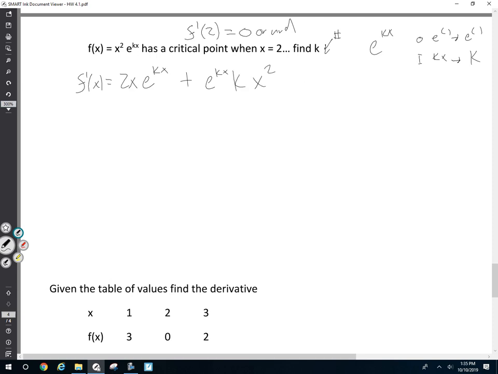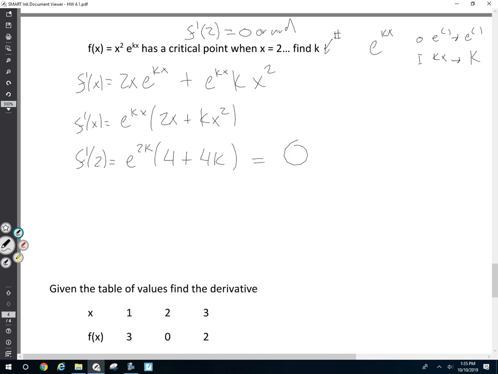When this is 2, I better equal 0. Before I even plug in 2, though, I don't have to, I could factor out an e to the kx. I could factor out an x too if I wanted to. But whatever. When this is 2, I get e to the 2k times 4 plus 4k.